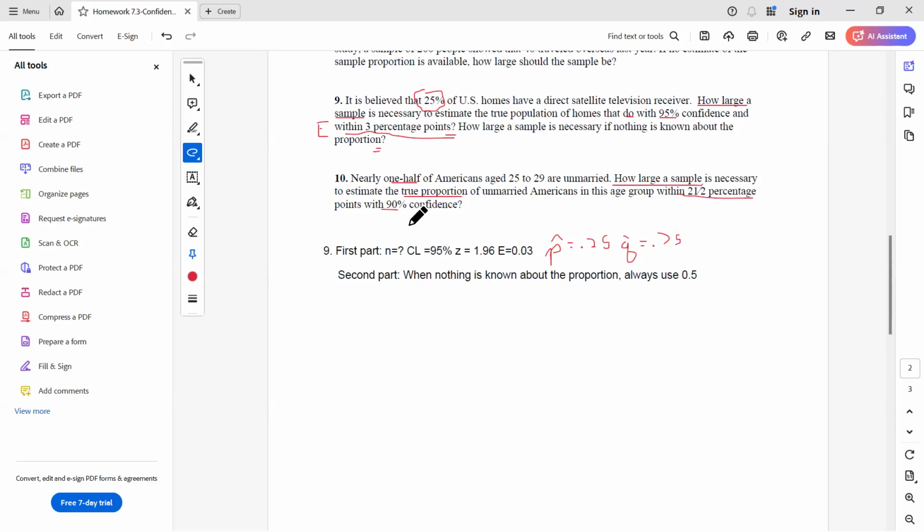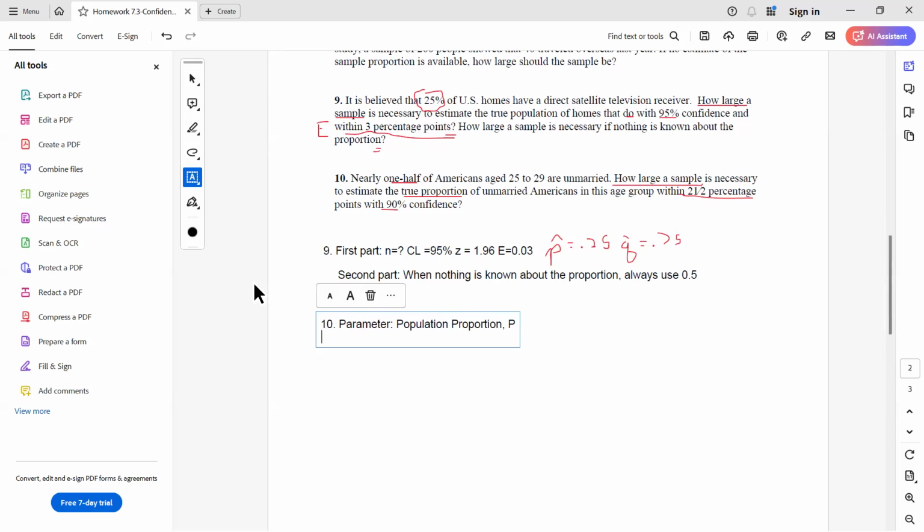So, number 10, we start number 10 with the idea that our parameter is population proportion P, right? And then you say, well, okay, what do I know?